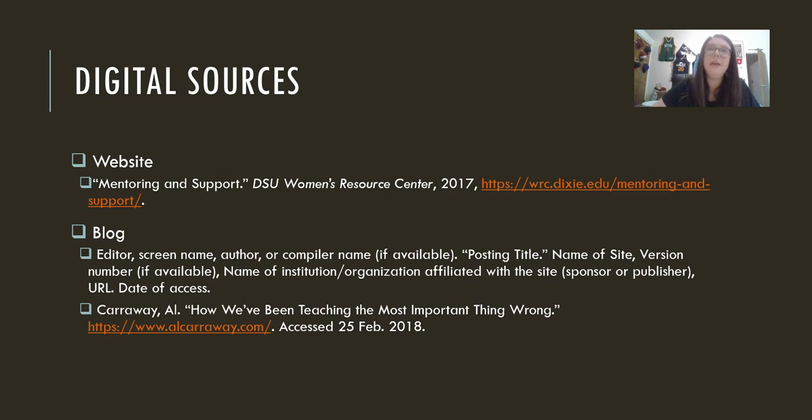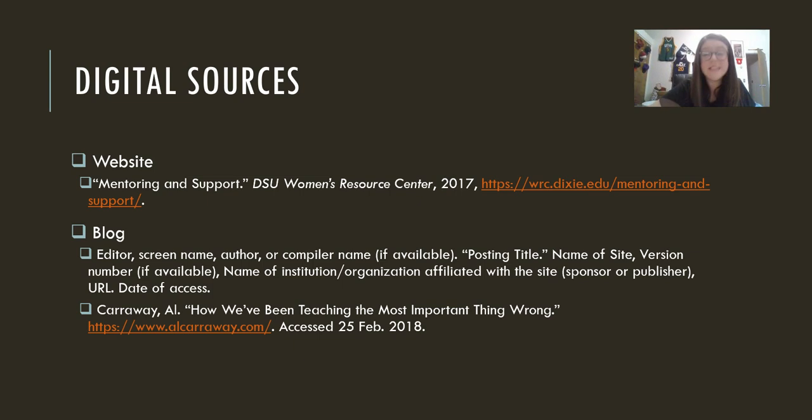And much like the article title or the episode title, this too is encased in quotation marks because it is a smaller bit of information that has been distributed by a larger entity. So in this case, the DSU Women's Resource Center. And so we would italicize that. We would treat that as a periodical. We treat it as a TV show, a magazine title, a journal title, things of that nature. Then we also want to include the year.